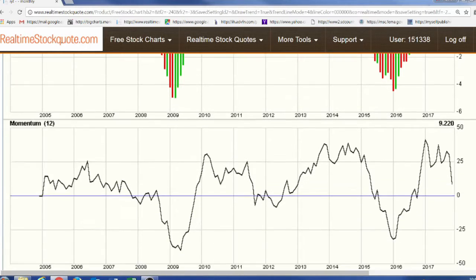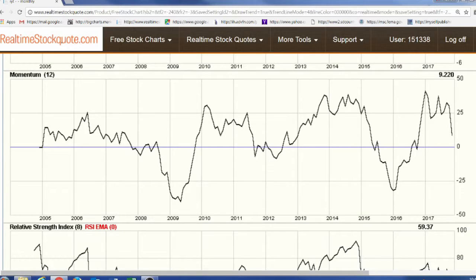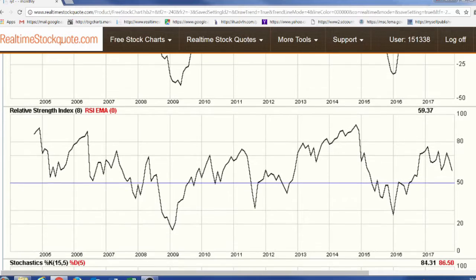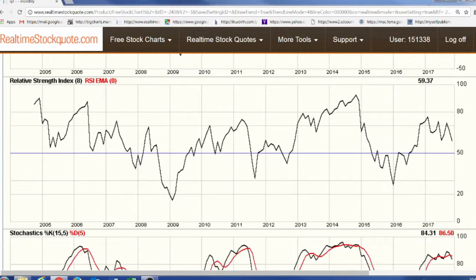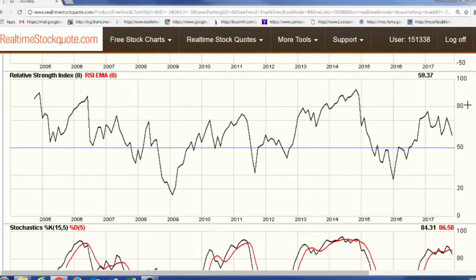The momentum indicator also confirms that decline with these lower levels here, and then the current fall off at this point, moving toward the zero line, the midline. Going to the relative strength index, if you recall, the RSI on the diamonds was just above the 90 level.